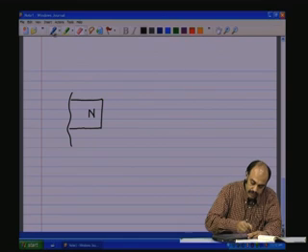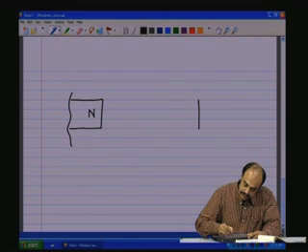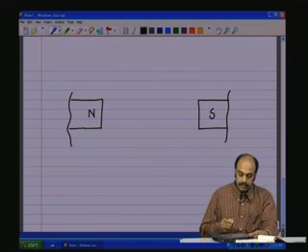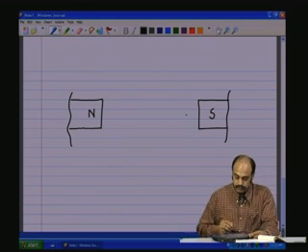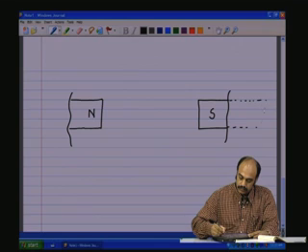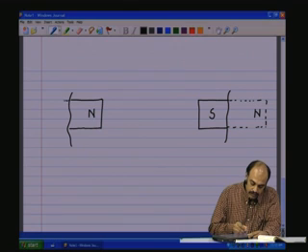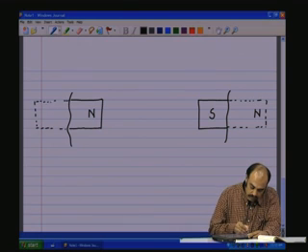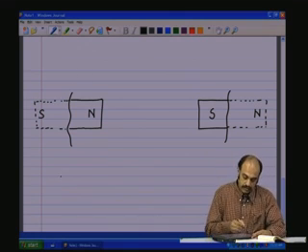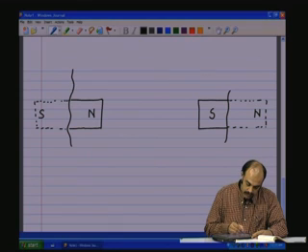Let us take another piece of magnet and place it at some distance in line with the north pole, but with the south pole facing the north pole, and this has a north pole also, of course, because no magnetic element can have an isolated pole. So, it has its own north and south poles, but we are interested in this part, that is up to here.